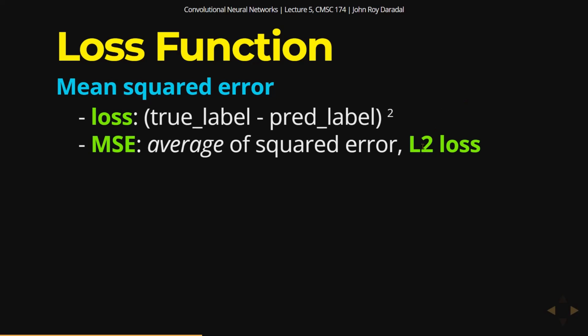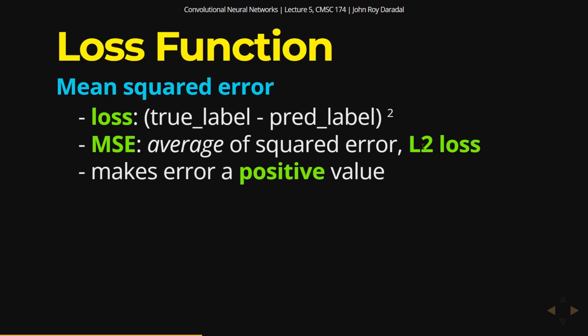Okay, so the reason why we square is we want to make the error a positive value. Why is that? Because let's say that our true label is 1, and our predicted label is also 1, right? So 1 minus 1 squared is 0.